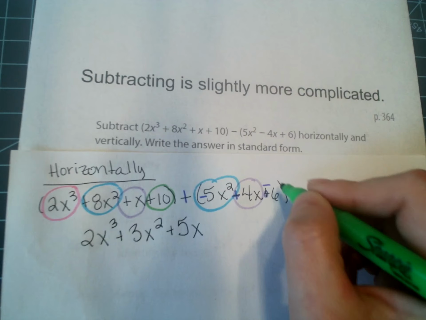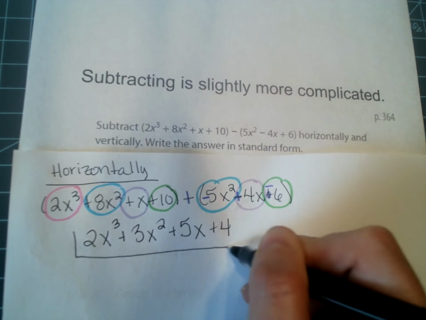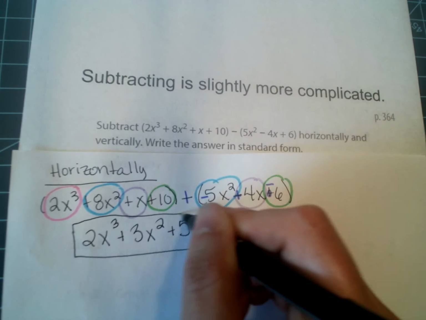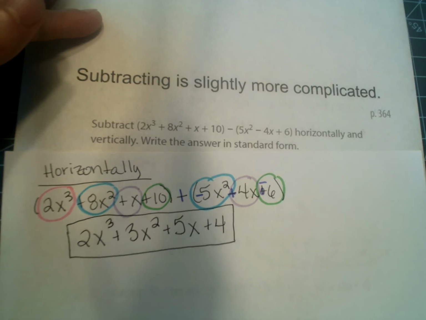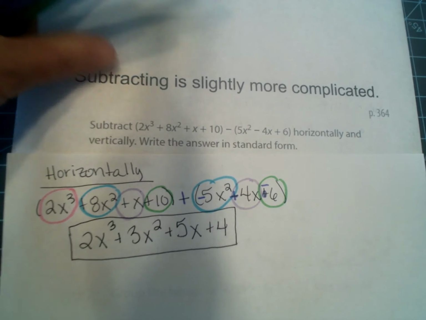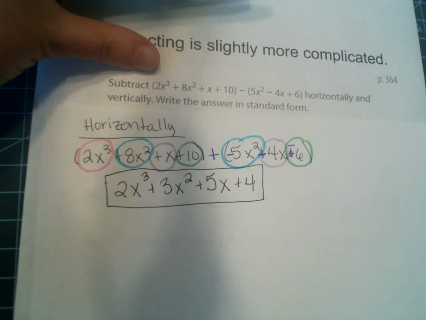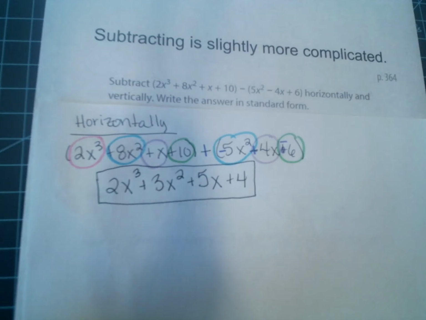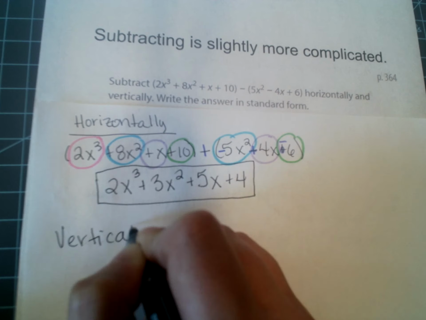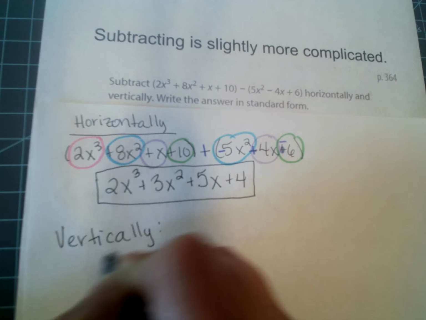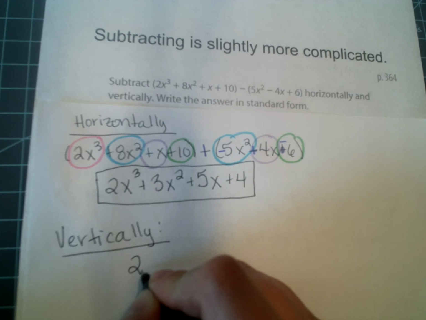Now we'll do the same problem, but we'll complete the subtraction vertically. So when I do the subtraction vertically, I write the first polynomial on the top, and then I write the second polynomial on the bottom.